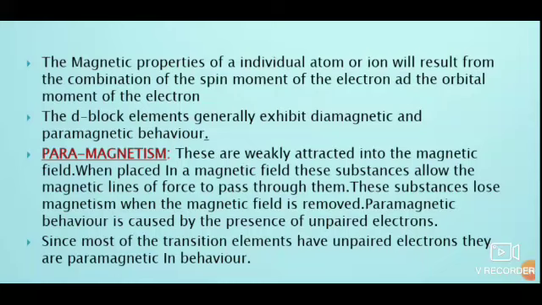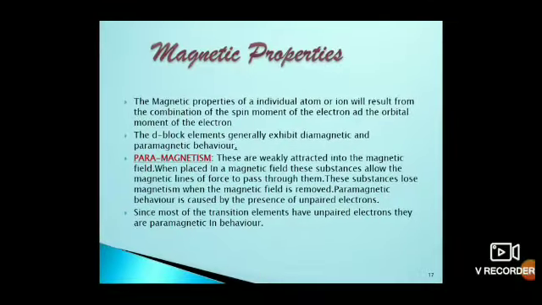That means they exhibit temporary magnetic behavior. So paramagnetic behavior is caused by the presence of unpaired electrons. So if we have to say that a substance is paramagnetic, that means it should consist of unpaired electrons. Since most of the transition elements have unpaired electrons, they are paramagnetic in behavior.